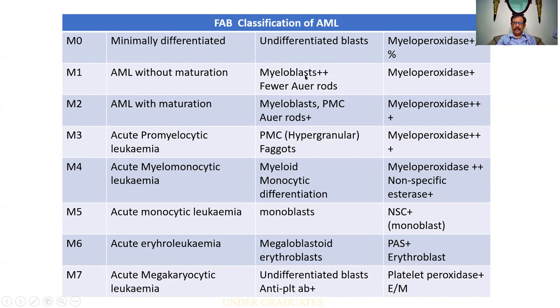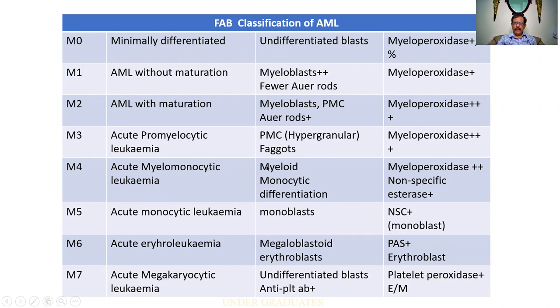And what you see in all of this, it is minimally differentiated or undifferentiated blast. AML without maturation, you will be finding only the myeloblast, nothing beyond. Auer rods are fewer in number. AML with maturation, I will be able to see the promyelocytes. Auer rods can be present. Acute promyelocytic leukemia, exclusively an increase in the promyelocytes, and it can have increased granules. Faggots or bundles of Auer rods can be present.